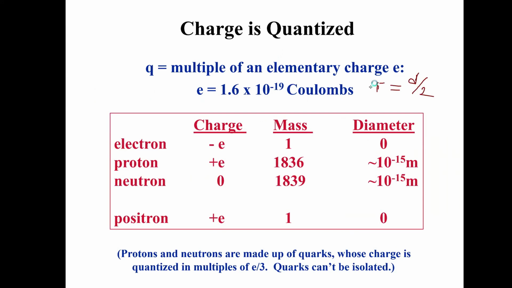Since the force of attraction is proportional to 1 over r squared, it means the diameter of protons and neutrons has a relationship with the force of repulsion or attraction. Protons and neutrons are made up of quarks whose charge is quantized in multiples of e divided by 3. Quarks cannot be isolated.